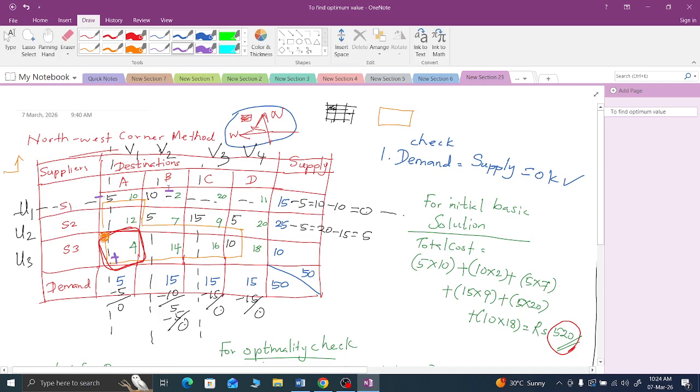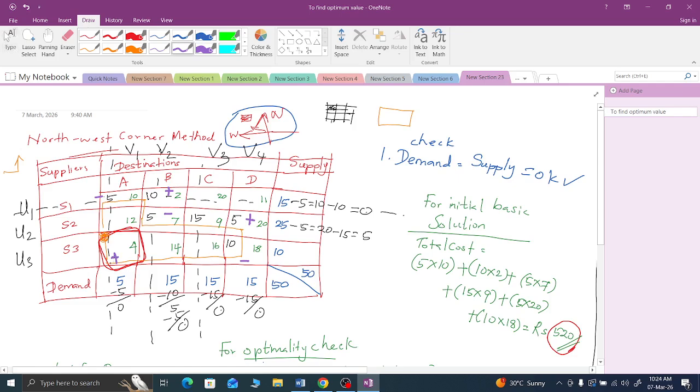This is positive. Then we give a negative here, negative, positive, negative, positive, negative. Here we are not putting anything. Here positive, here negative, here positive. So starting from positive, we end up with a positive value, right?